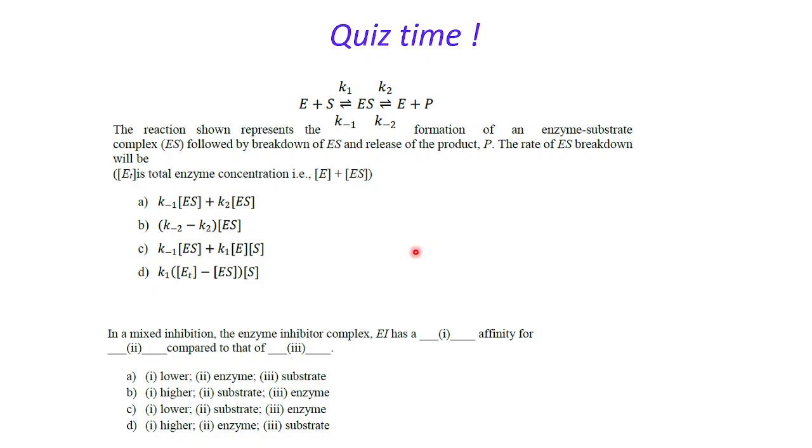The next one, in a mixed inhibition, the enzyme inhibitor complex EI has a dash affinity for dash compared to that of dash.